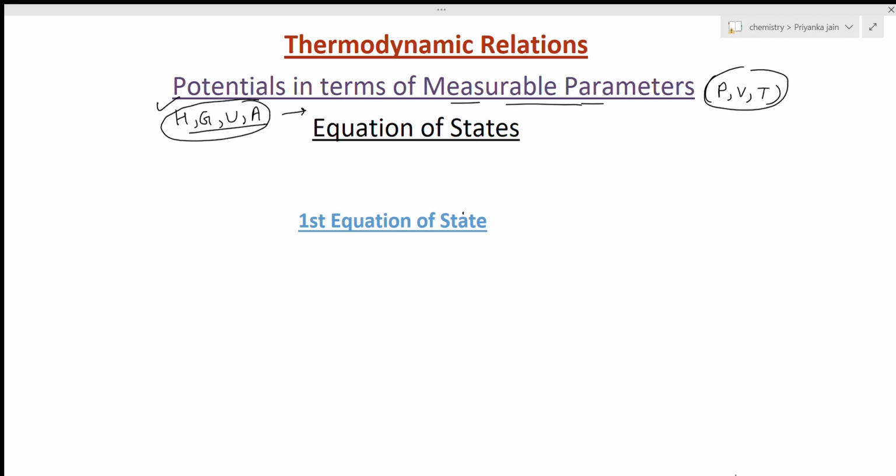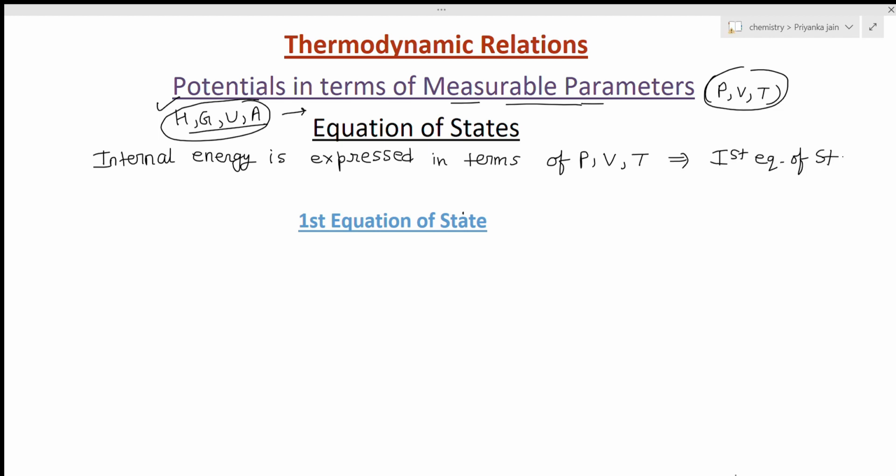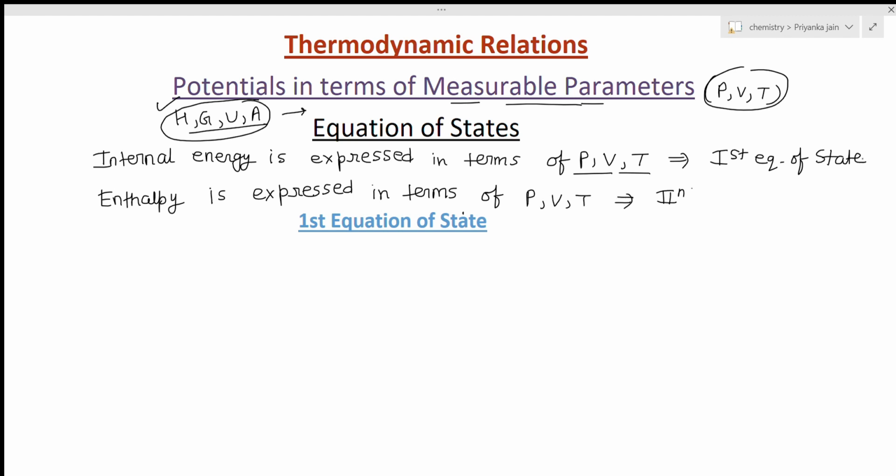There are two equations of state. When the internal energy is expressed in terms of pressure, volume and temperature, this is called the first equation of state. And when the enthalpy is expressed in terms of pressure, volume and temperature, this is called the second equation of state.